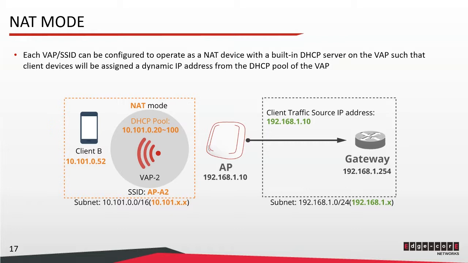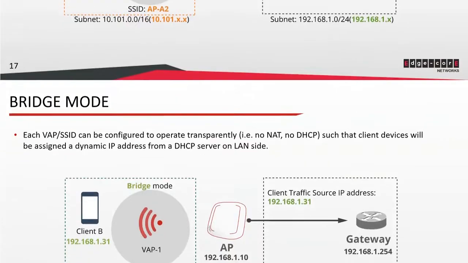After NAT, the source IP address of the client traffic seen by the uplink gateway or switch will be the IP address of the AP. So in this case, it would be 192.168.1.10.